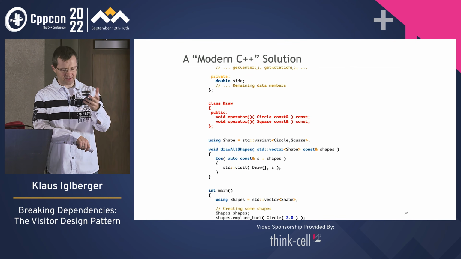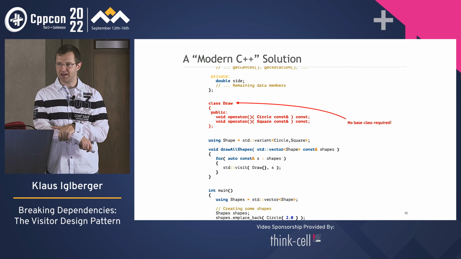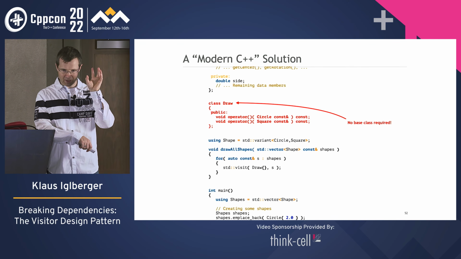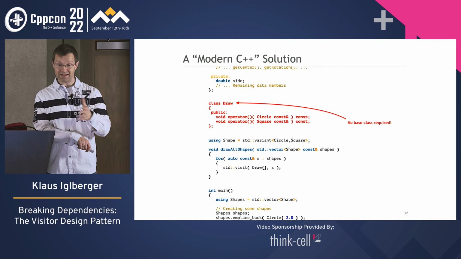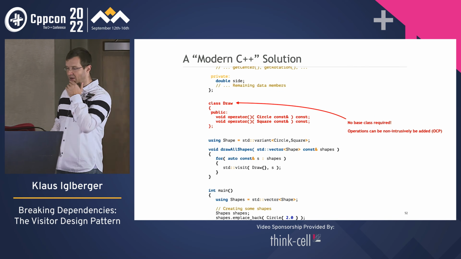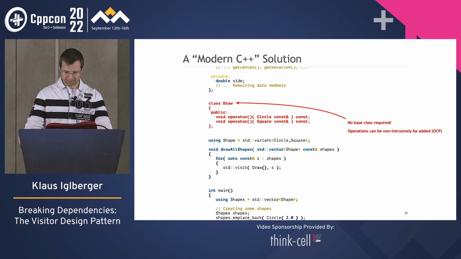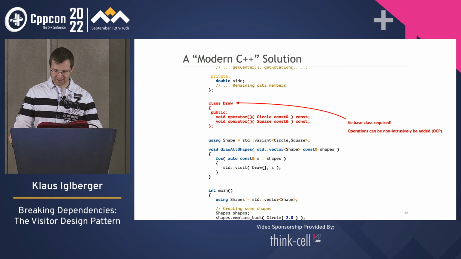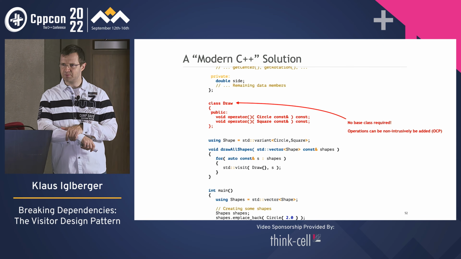Just as with the square classes, this does not require any base class. It's just a class that I write at any point where I need this operation. Freely, non-intrusively. So again, we have this property of being able to add operations easily. All we have to do is implement a function call operator for circles and squares, which indeed looks super similar to what we have seen before.